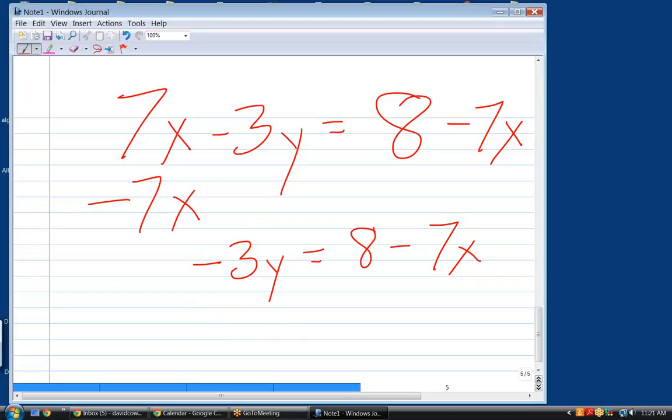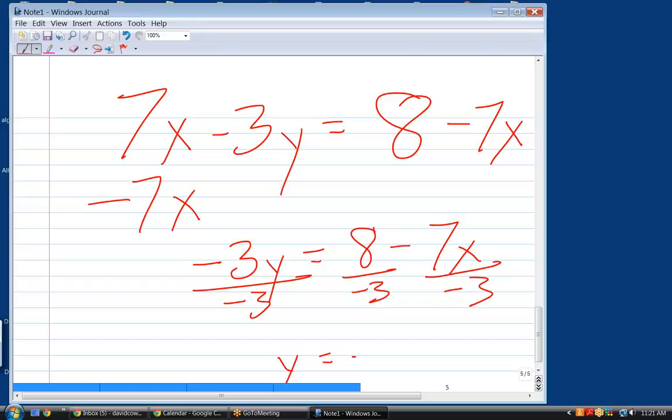So how would I isolate y? How do I end up with y equals? What can I do? Divide both sides by negative 3. What's the last line? y equals what? 8 over negative 3.